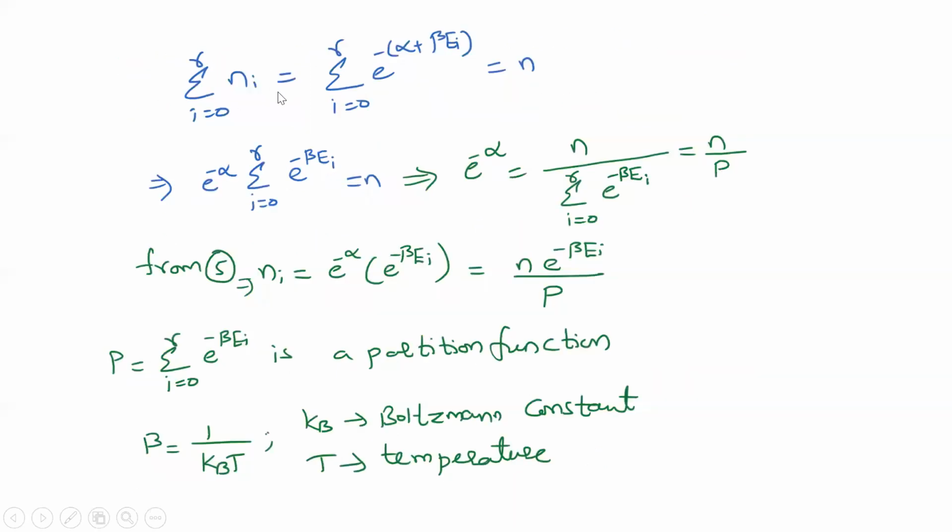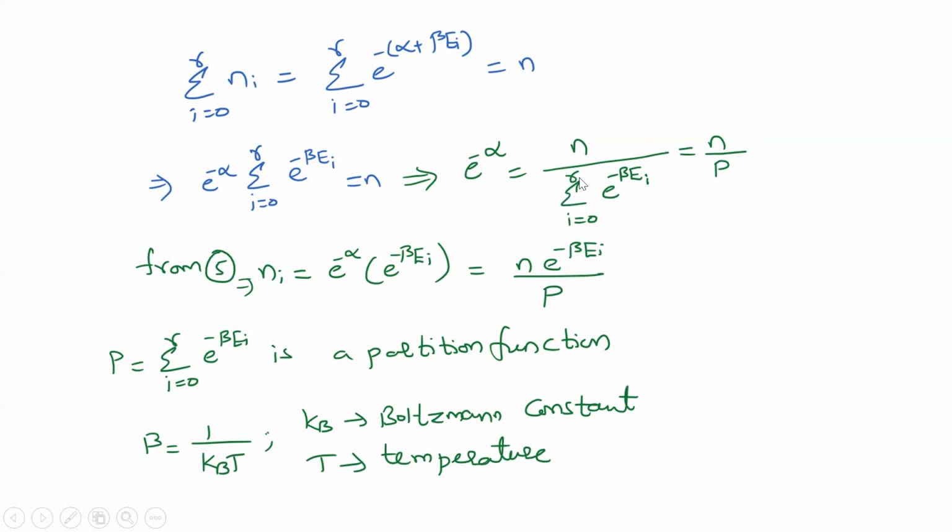Now, the sum of total particles is N, constant, that is n0 plus n1 plus n2 and so on up to nR. If we add them, that will be N. And we know what Ni is, so substituting Ni here and taking e power minus alpha common, with e power minus beta Ei summed from i equal to 0 to R, this will give us this form, which is equal to N by P. This P is the partition function.